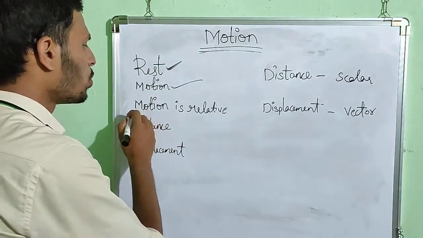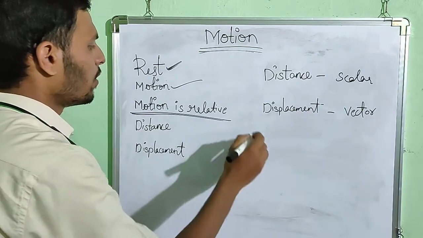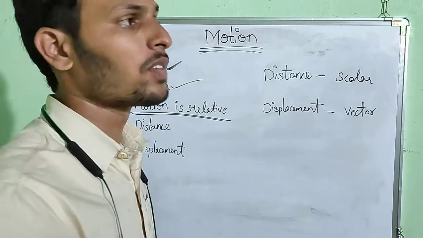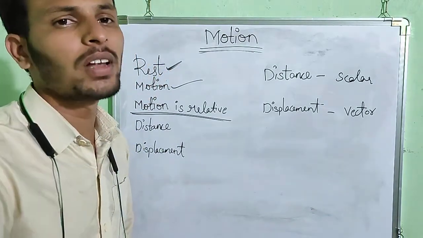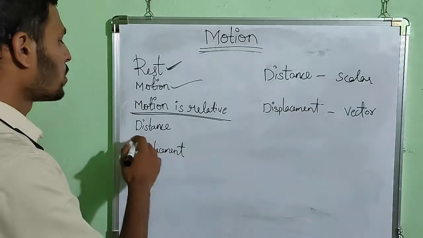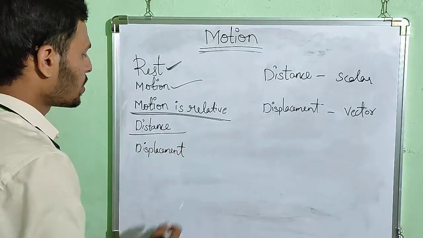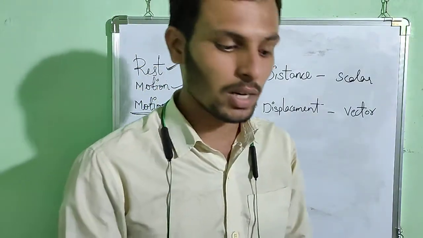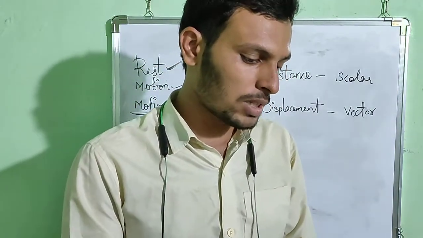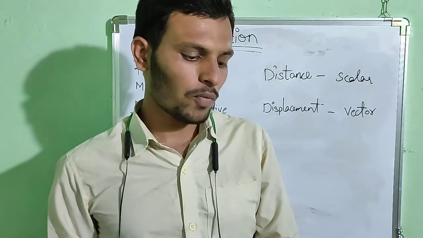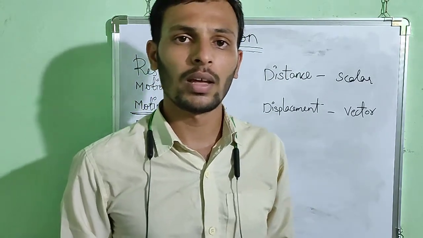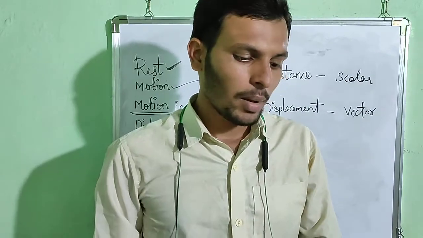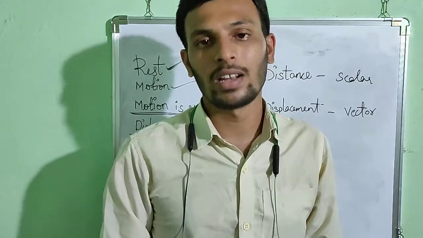We have seen different conditions and different examples for motion, and we have also discussed the definitions of distance and displacement. Distance is the length of the actual path traveled by a body between its initial position and final position.